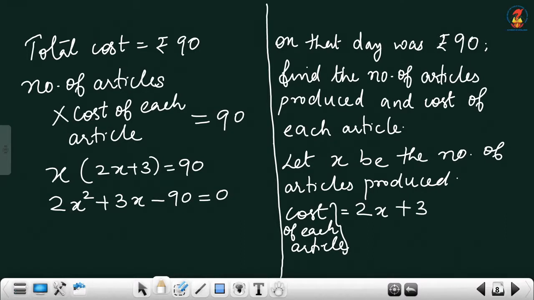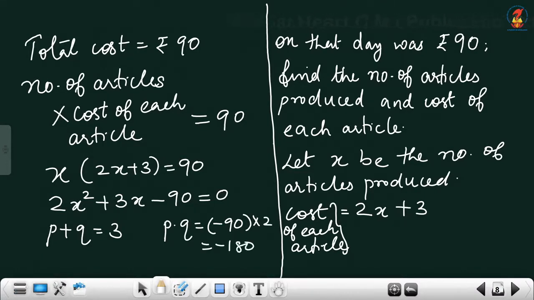So, we have to identify two numbers P and Q such that P plus Q is equal to 3 and P into Q is equal to minus 90 into 2, that means minus 180. So, here P is equal to 15 and Q is equal to minus 12.